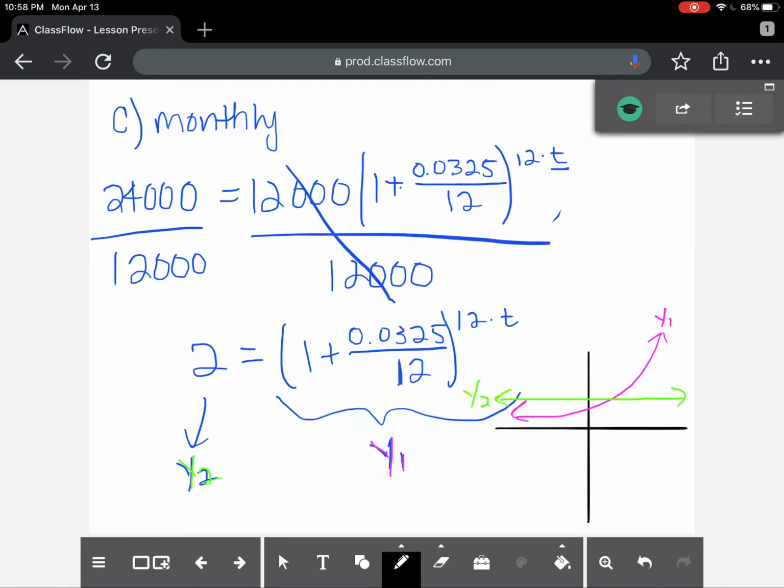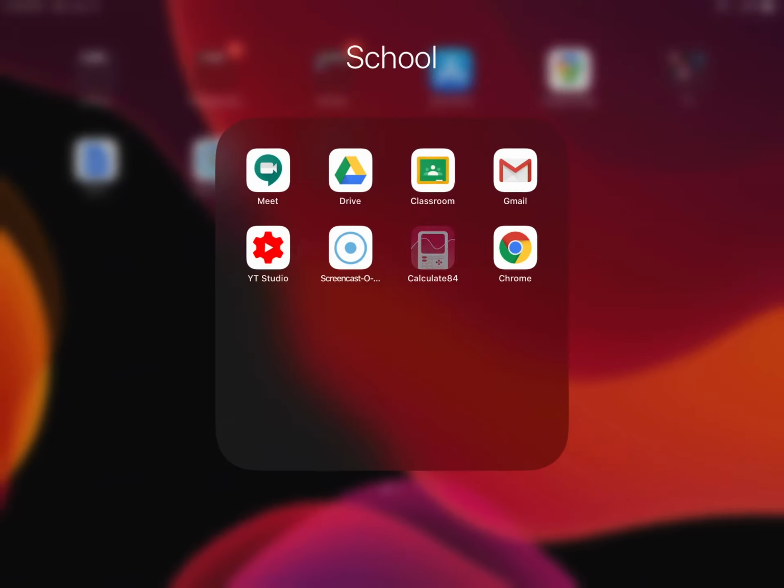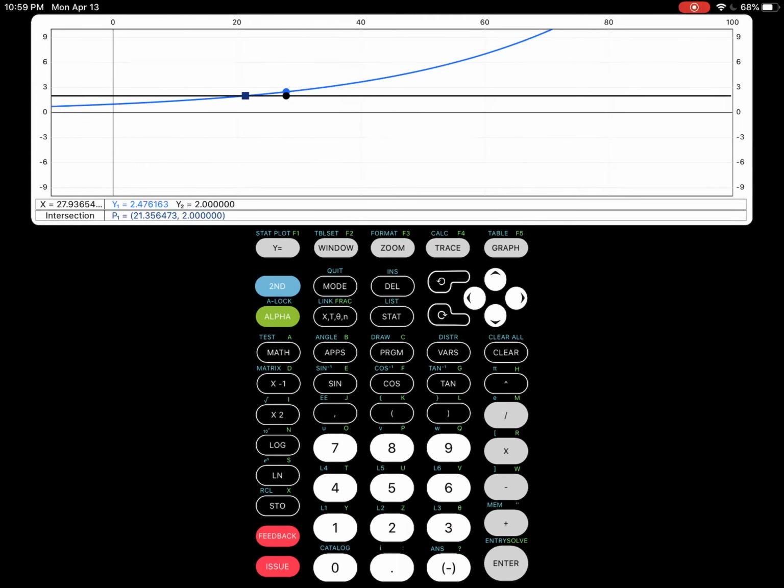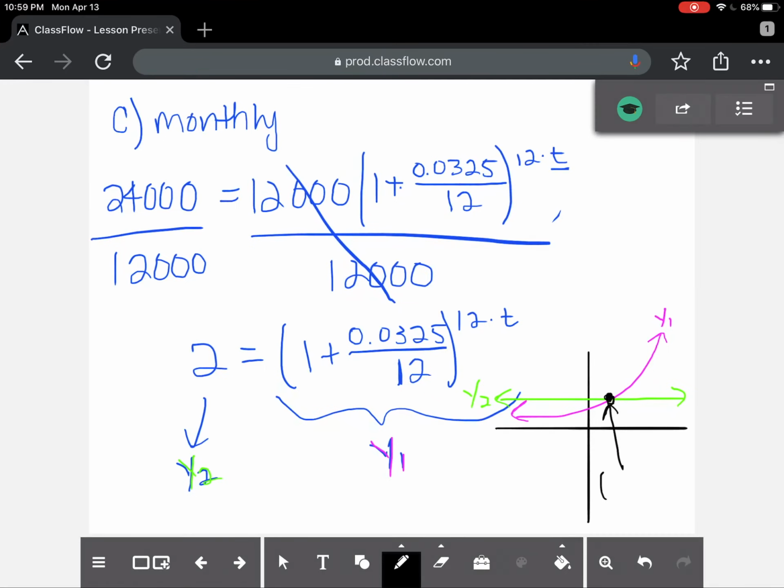And we said your solution comes from the intersection, which was 21.36 for mine, comma 2.